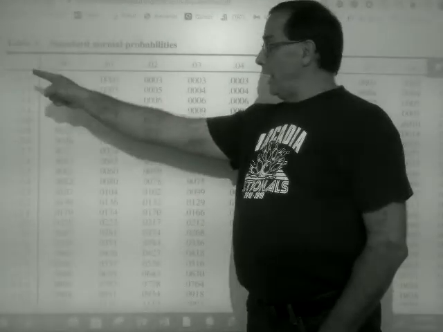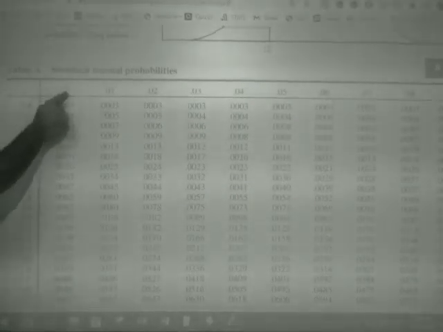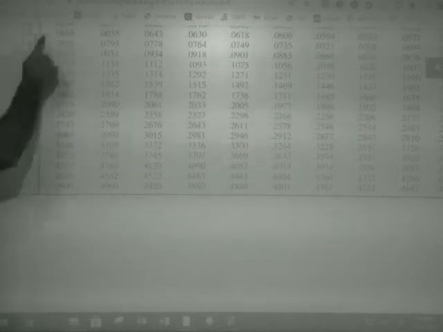So now on the side, I'm looking for negative 0.10. Negative 0.1, here it is, negative 0.1. My second decimal goes across the top. So 0 is my second decimal. So I go to negative 0.1 over to the first column, 0, and I get 0.4602.